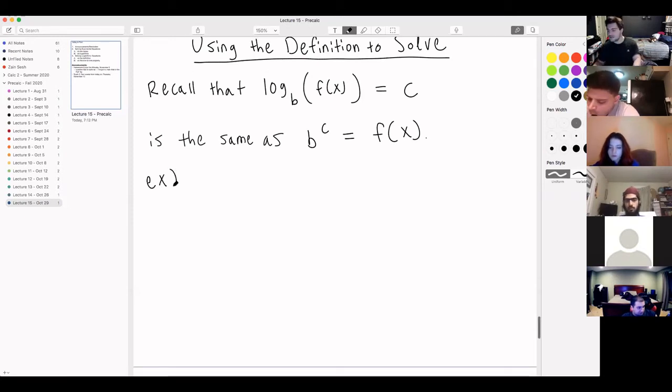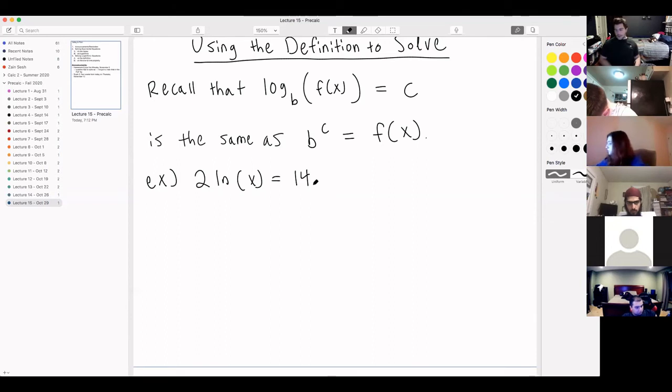So here we go. Example: 2 times ln of x, that's natural log of x, is equal to 14. In order to use the definition of the logarithm, we need the coefficient of the log to be 1. Currently we have a coefficient of 2. So how can we get rid of that? Well, you can just divide both sides by 2.